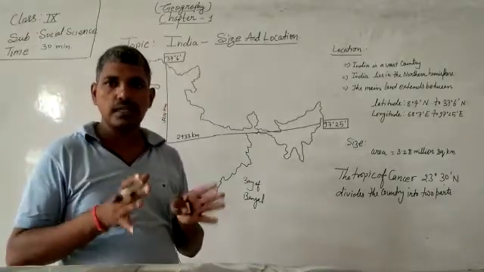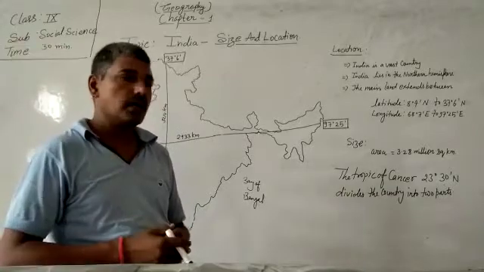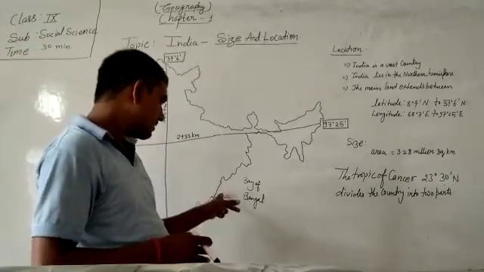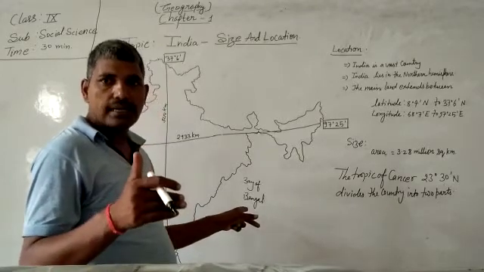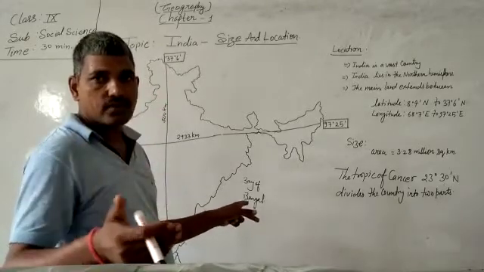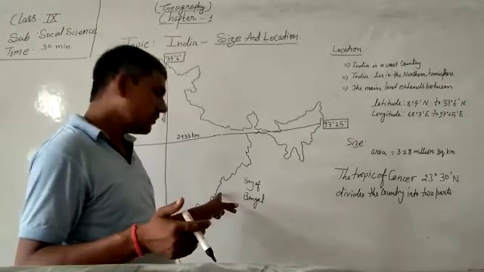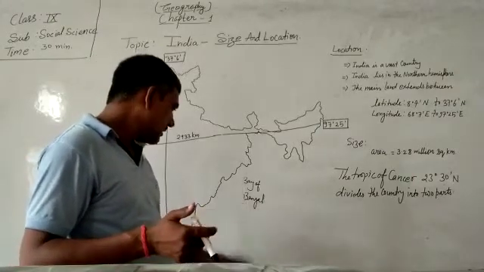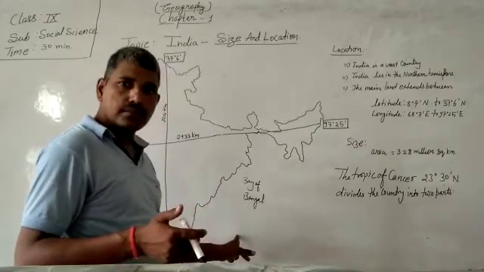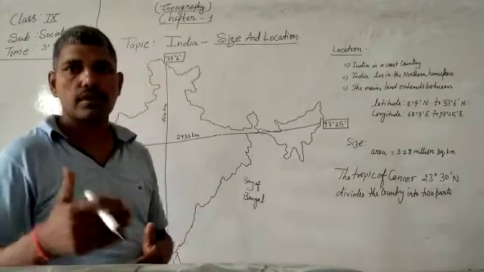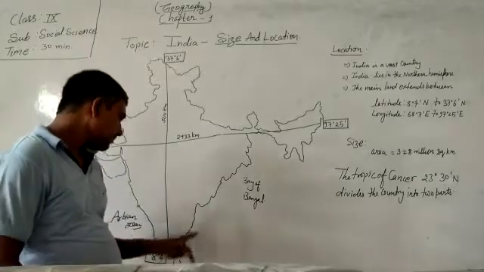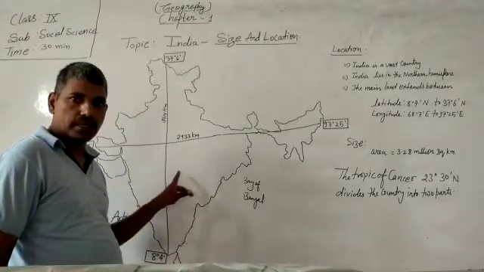For that, these oceans provide sea routes and link many countries with India. That's why these parts are considered very important, because they provide us routes to travel to other countries.